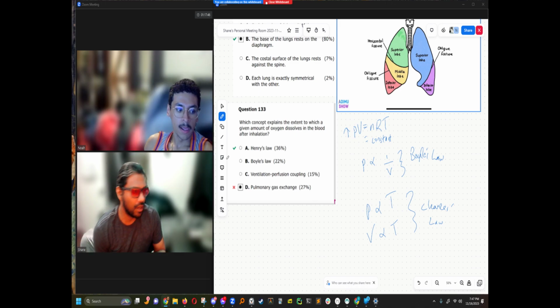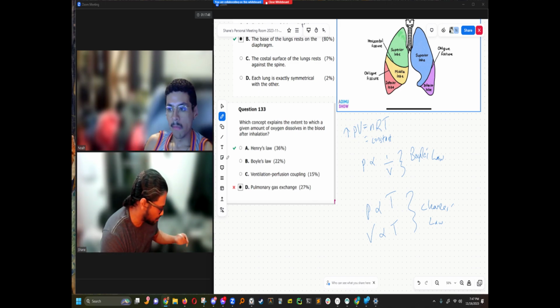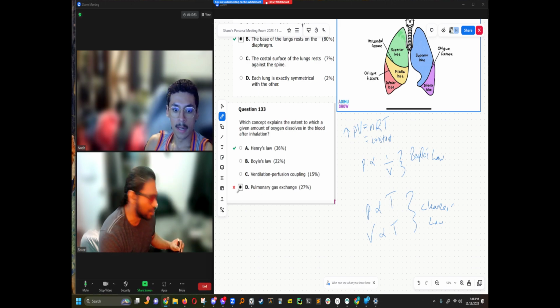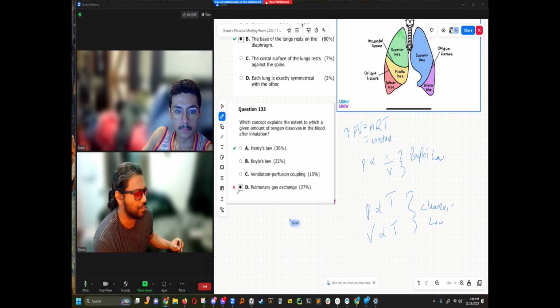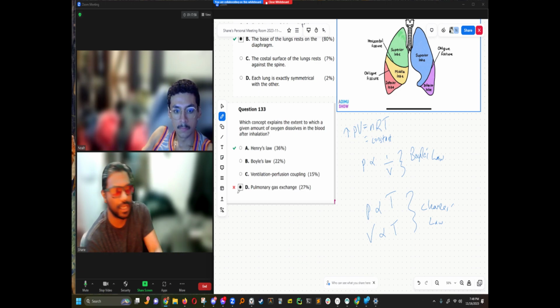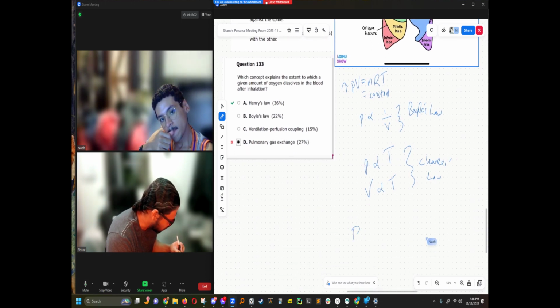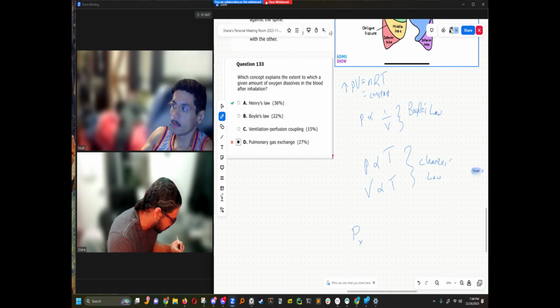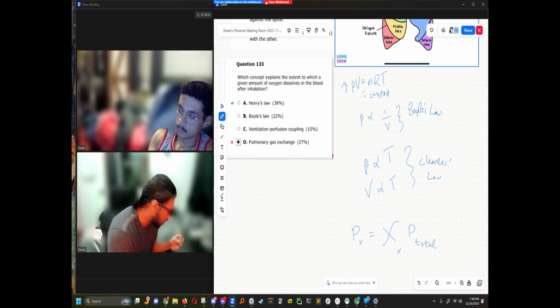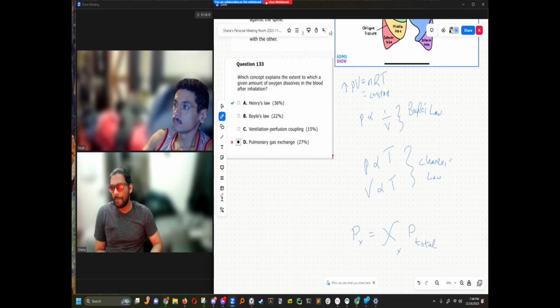Now Henry's law is what relates the partial pressure of a gas. So the partial pressure of gas X is going to be equal to the mole fraction of gas X multiplied by the total pressure.